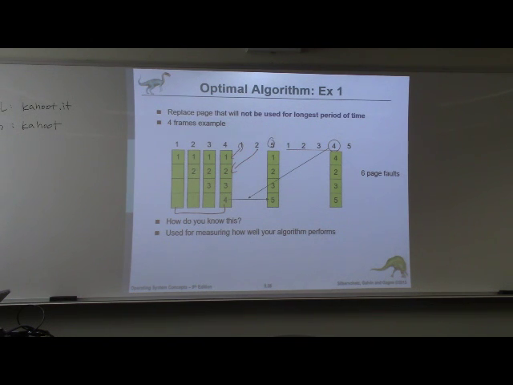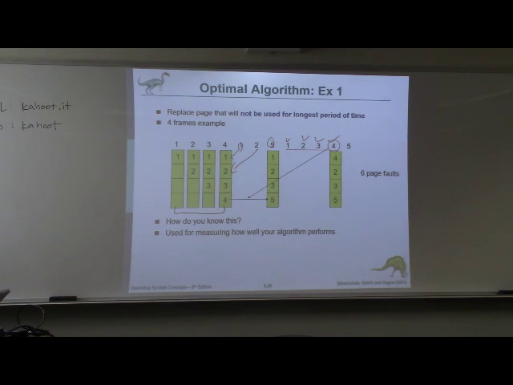But in the case of 5, there is no 5 in the pages. We need to select one of the pages as a victim. At that time, we take a look at the future. 1 will be used at this time, 2 at this time, 3 at this time, and 4 will be used later. So we can replace 4.